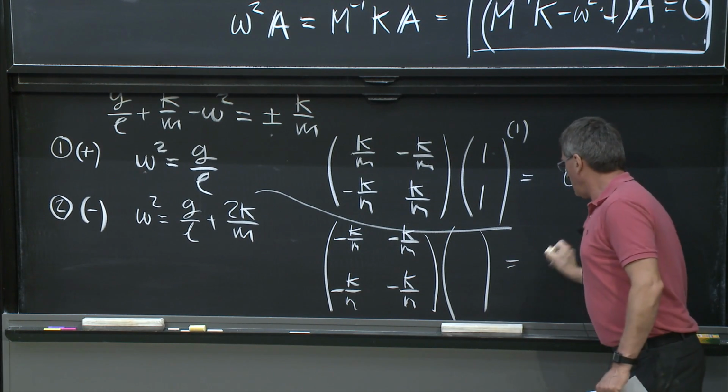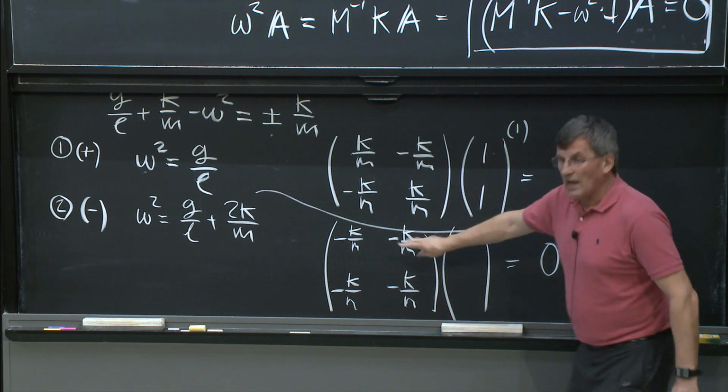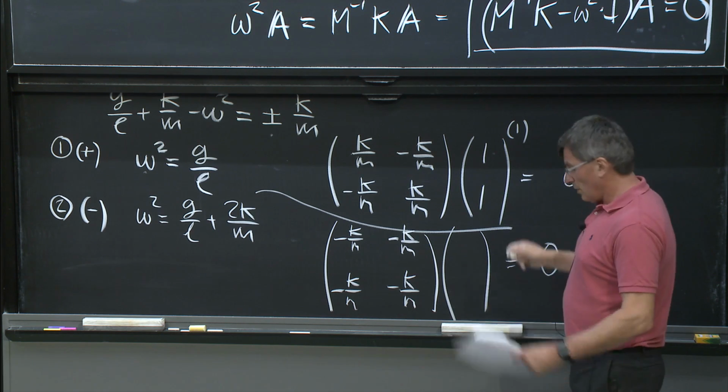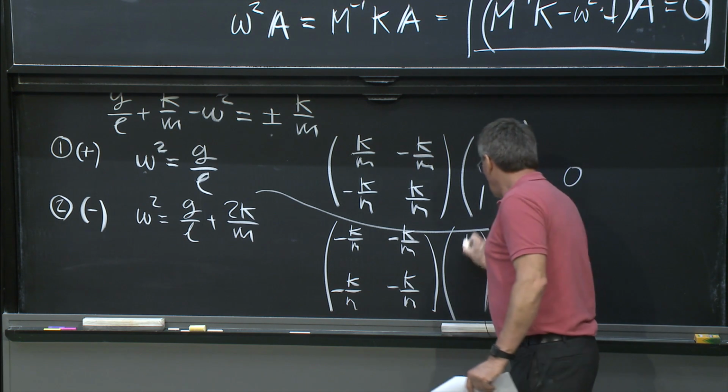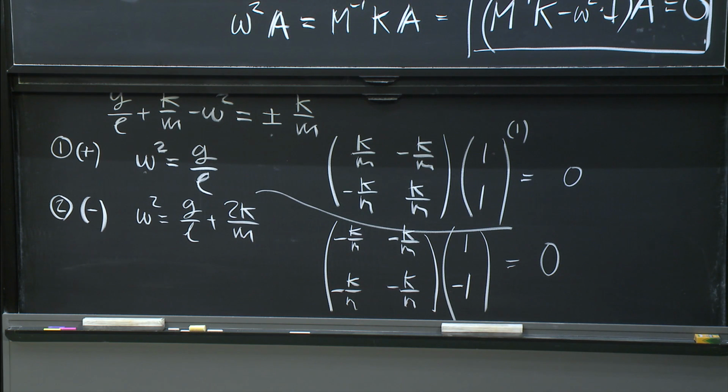And then again, for this second possible normal frequency, I have to find the vector A which corresponds to that frequency motion. It turns out that they are the same, but the sign changes. So one possible solution is 1 and minus 1. If I plug in 1 and minus 1, then this matrix times the vector gives you automatically 0.